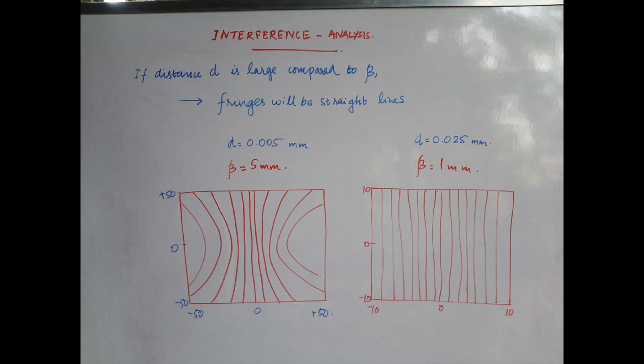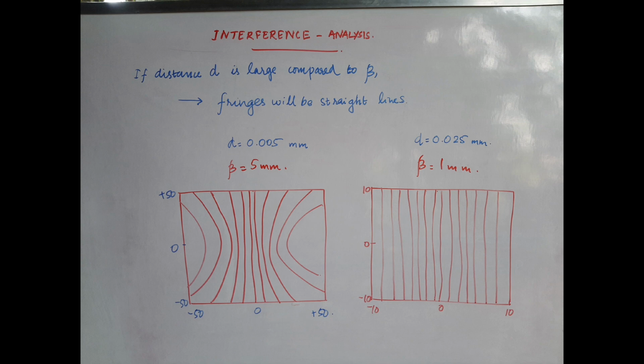To show this, two examples are given: for d equal to 0.005 millimeter and for d equal to 0.25 millimeter. For the first we get a fringe with hyperbolic nature, and for the later one we get an interference pattern of straight lines.